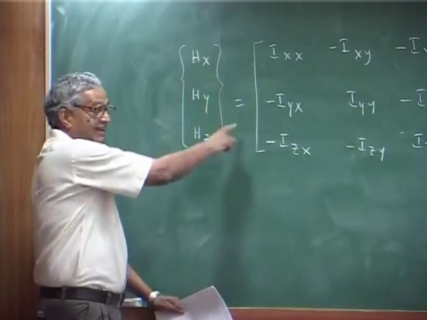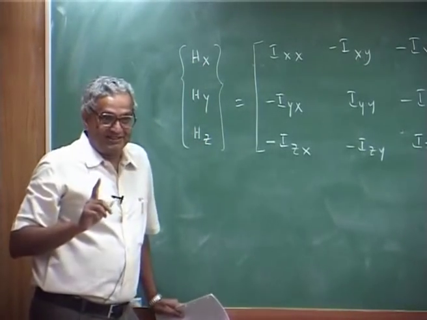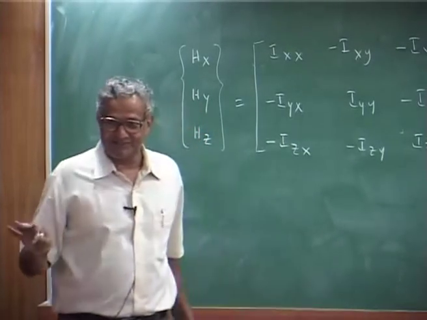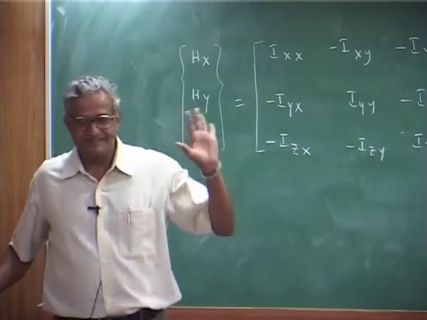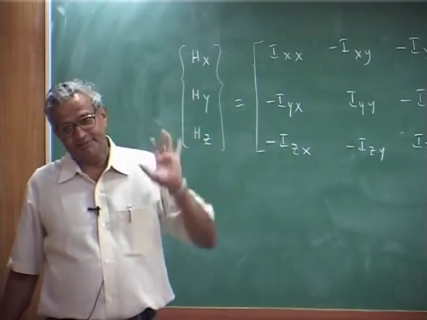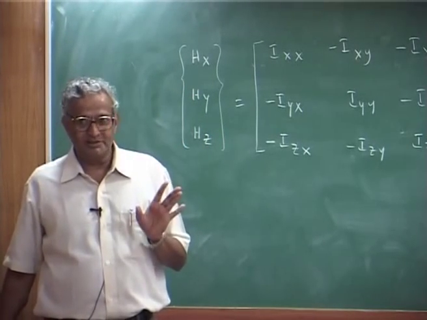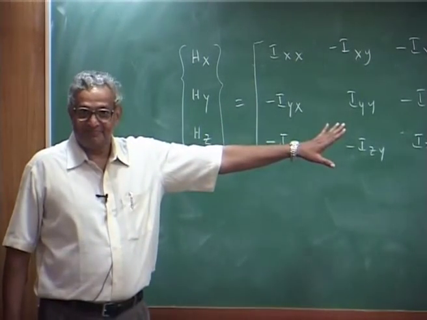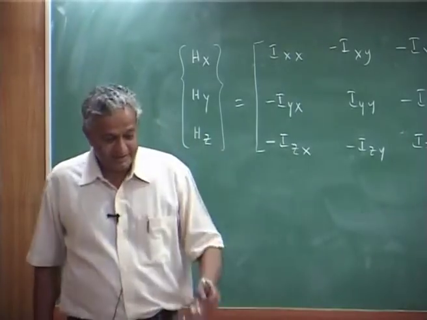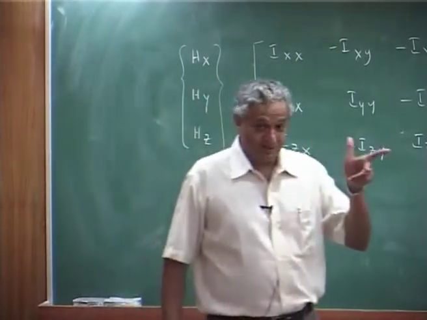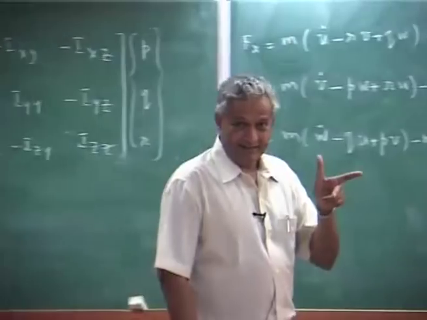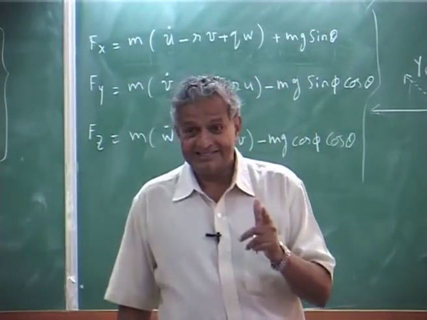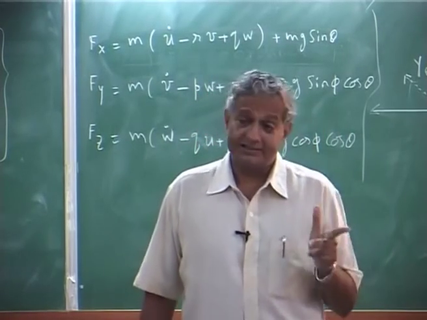So, Hx is along the body axis, please note that, because this can be derived. I am not going into the derivation of this, because you must have done it in rigid body dynamics. Angular momentum is in the body axis system. That is why in any aircraft, you first decide your axis system, and then Ixx, Iyy, all these quantities are defined with respect to that axis system.